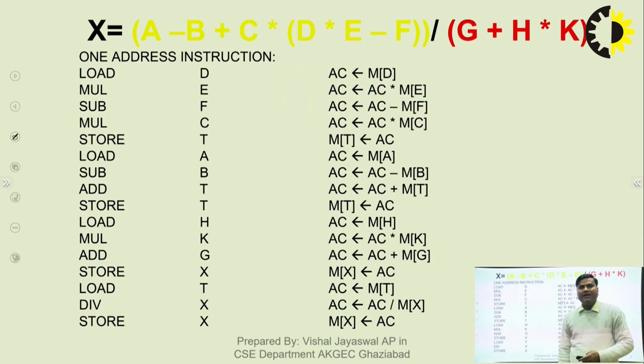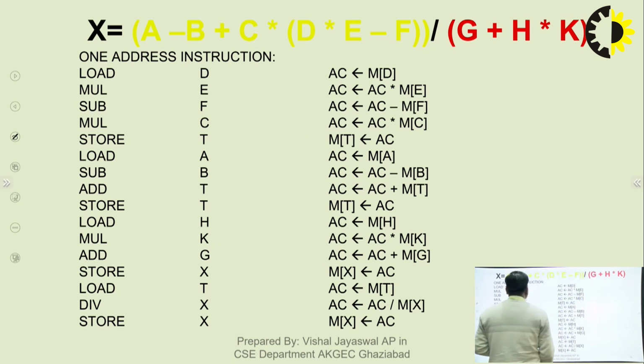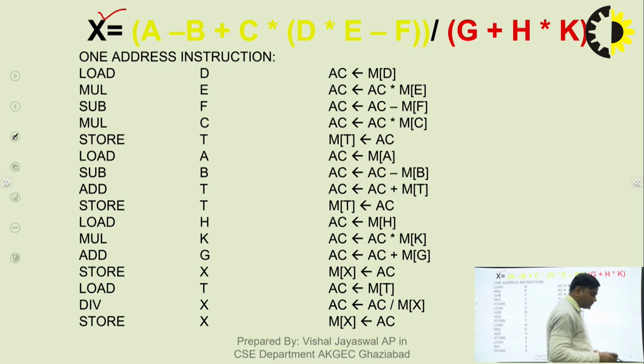After this we can solve the same arithmetic expression with the help of one address instruction. So for writing one address instruction for this same statement, our writing style should be changed, because in one address instruction we have to remember one point, that we don't use move.